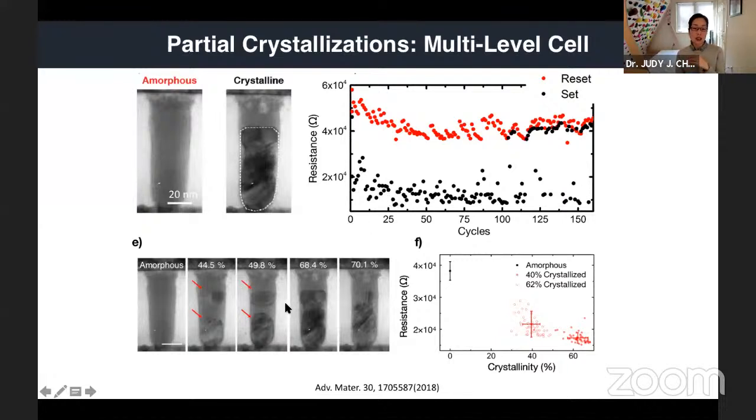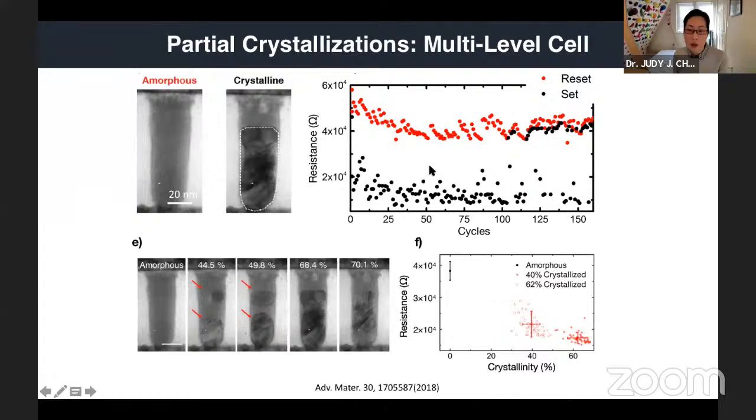And what you see is that there are two distinct crystalline states. One is the one that's shown here, where about 70% of the volume of the pillar is crystallized. And the other state is where there is a middle part that's a bit crystalline, and then the bottom part that's crystalline, separated by a little bit of an amorphous region. So you can see that since where my mouse is, this is a lesser fractional volume that is crystallized, correspondingly, the resistance is different.